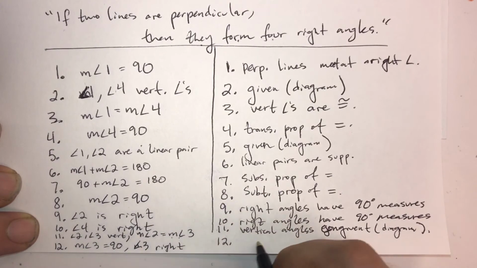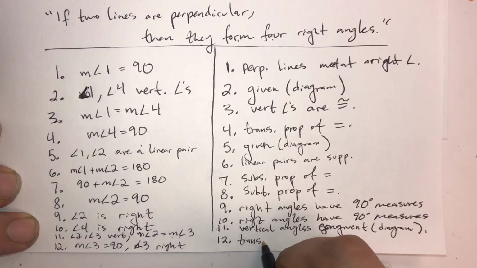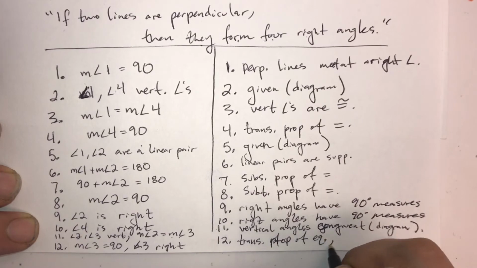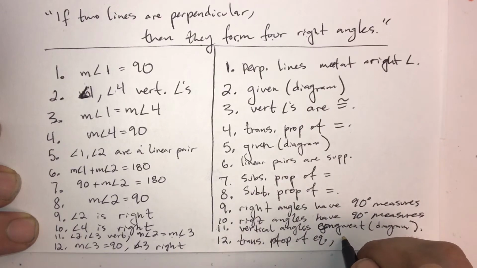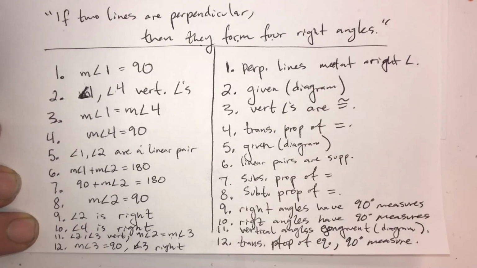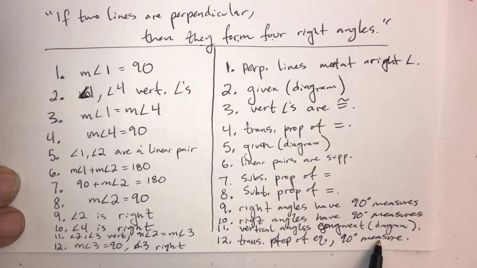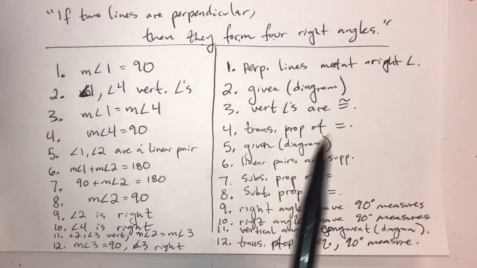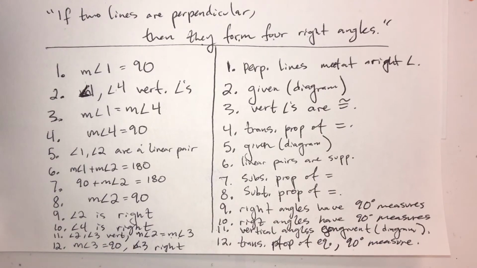That was a substitution property, or let's say transitive property of equality. And then the last one was that 90-degree measure. Okay, right angles have 90-degree measures. We really should say 90-degree measures imply right angles, because this is the converse, but this is good. Wow, 12, really 13, 14 steps maybe.